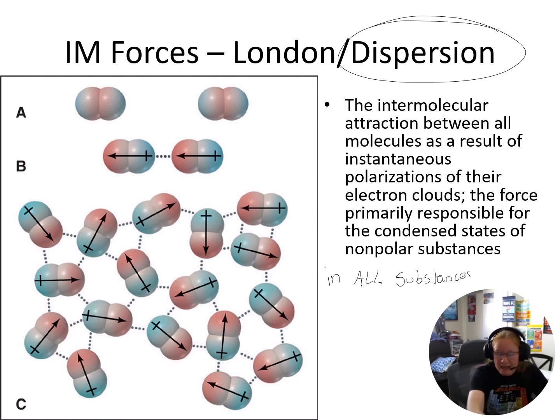And so what we're looking at is a force of attraction that happens when we have some sort of instantaneous disruption of those electrons that are in an atom or in a molecule. So what's happening is everything has electrons, right? And we know that electrons are not static in place. They move around. And so electrons are negative.